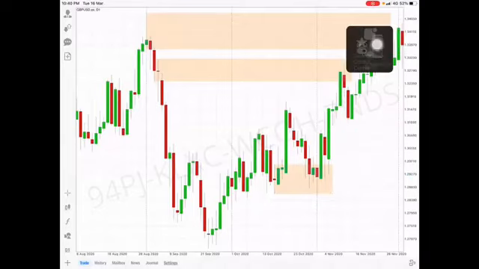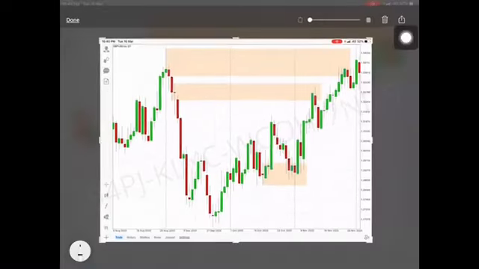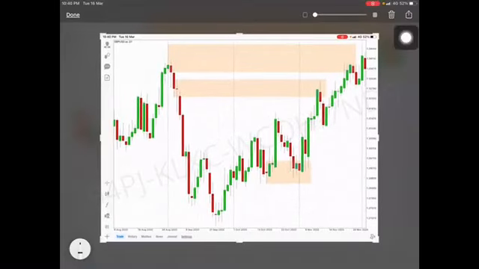What about SL? So let's say you are going for, let's say at this point, you mistakenly go for sell. So your SL should be below the box. This is your SL. Okay. So let's say right here you entered for a buy position.